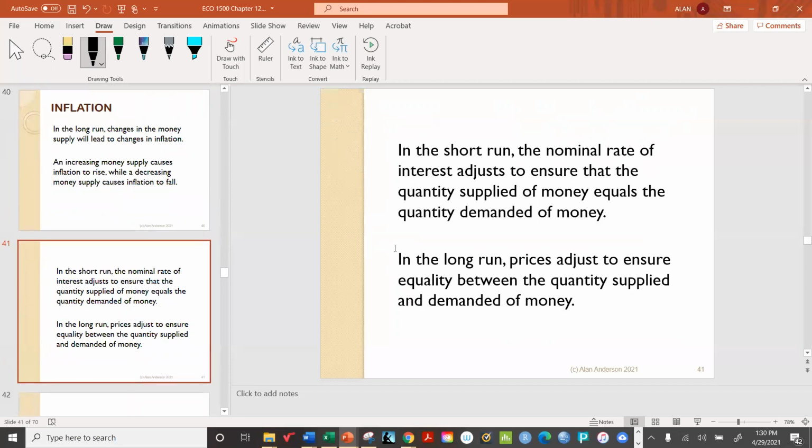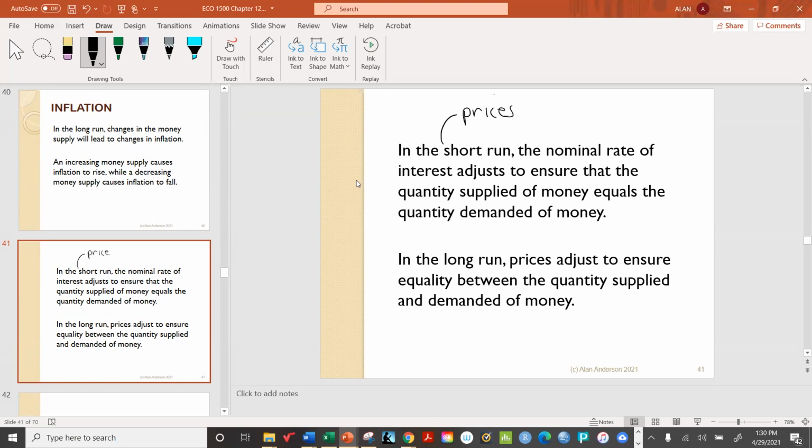So in the short run, we know that the nominal rate of interest adjusts to ensure that the quantity supplied of money equals the quantity demanded. We're going to make the claim, though, that in the long run, it's prices that are adjusting to guarantee that there's an equality between quantity supplied and quantity demanded. Now, remember, in the short run, prices are assumed to be fixed.